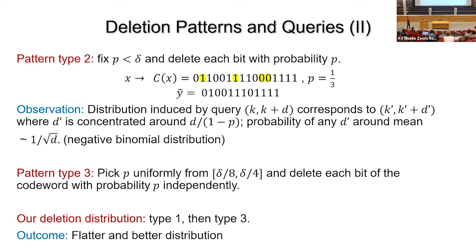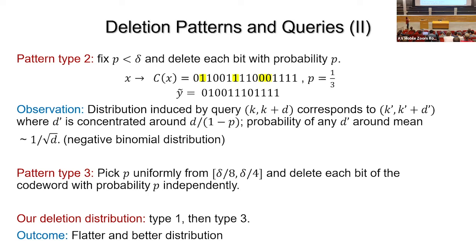So in expectation, we have p times d errors within any interval. And one can show that any distance d prime close to this expectation appears with probability something like 1 over square root of d.